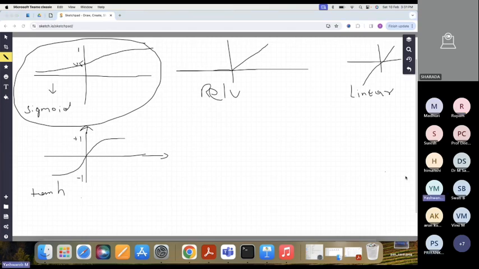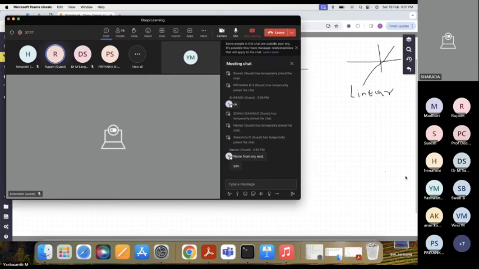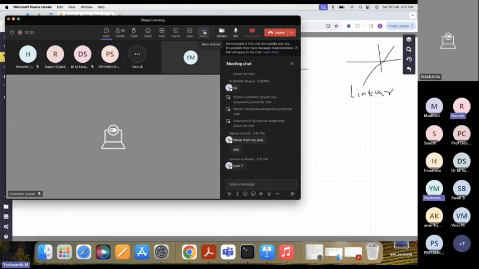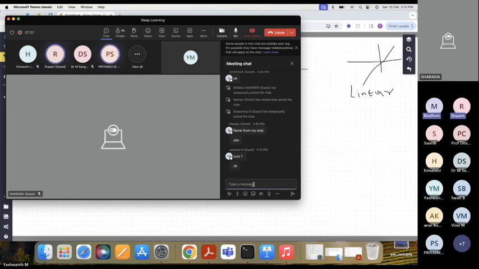Next week I'll probably try to do it for a simple network. Okay, so let's meet next week. SVM, I don't know. It's typically not discussed in a deep learning class. It's more of a traditional ML topic. I don't know if it is in the syllabus. We'll discuss. If it's not there, we will not.